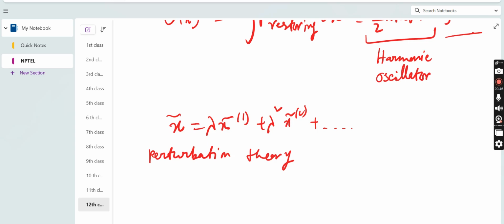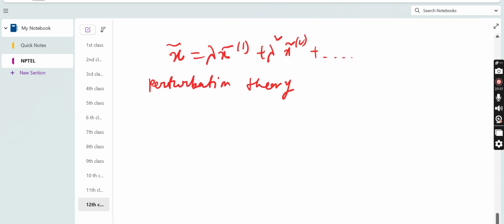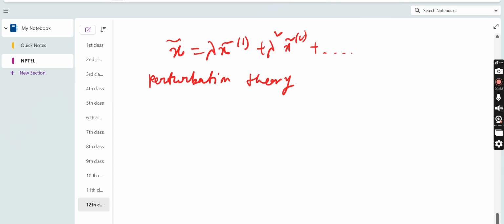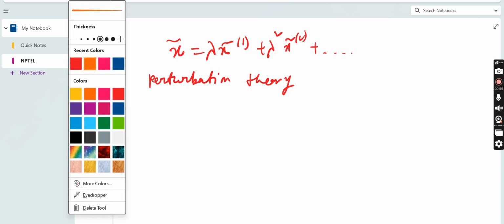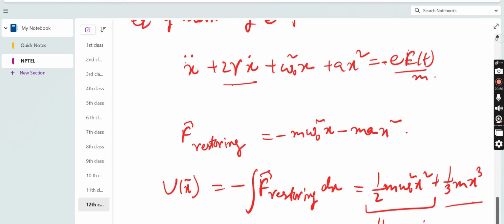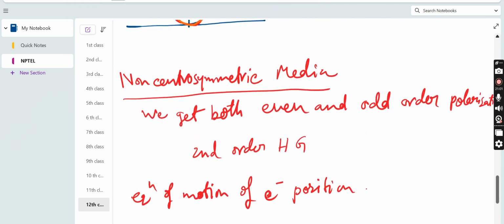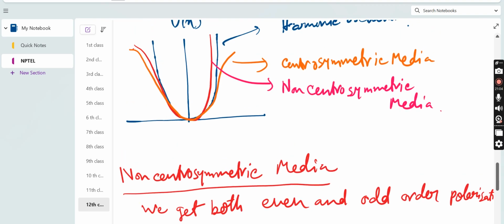Similarly, for centrosymmetric media, whose potential is a curve.